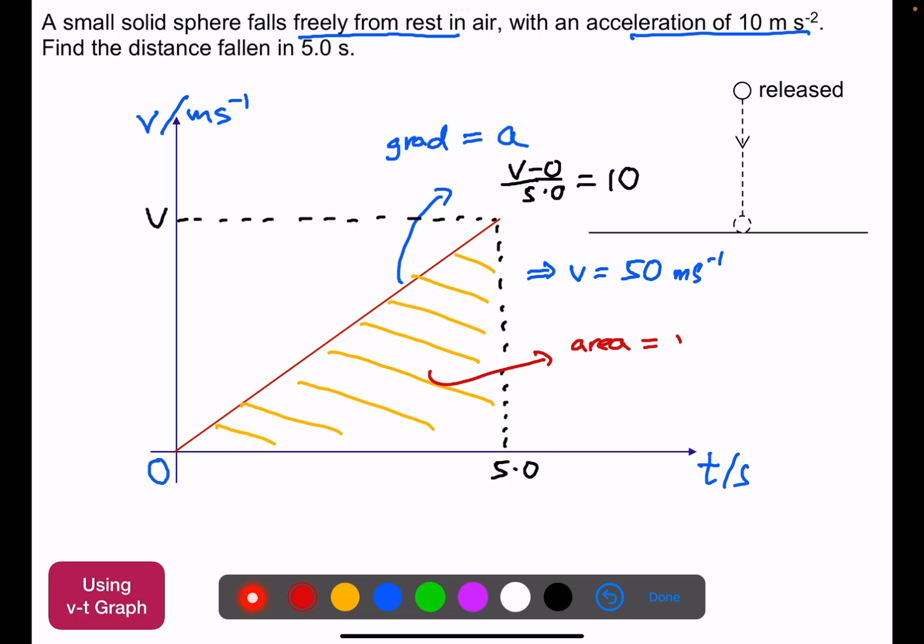And this distance required is d, and so d is equal to half base times height. 5 seconds times 50 meters per second, and that will give us again 125 meters as the distance fallen in 5 seconds.